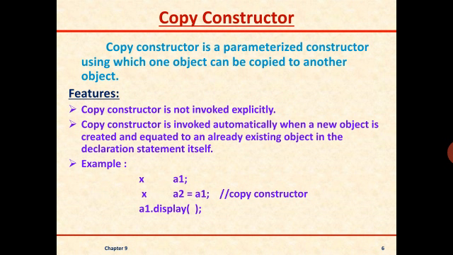How? A2 is equal to A1, then A2 becomes a copy constructor, because all the parameters, the entire object of A1, is copied into A2. Then I can write any function, A1.display. So this is the simple copy constructor.